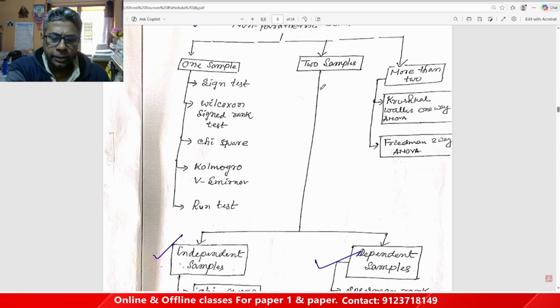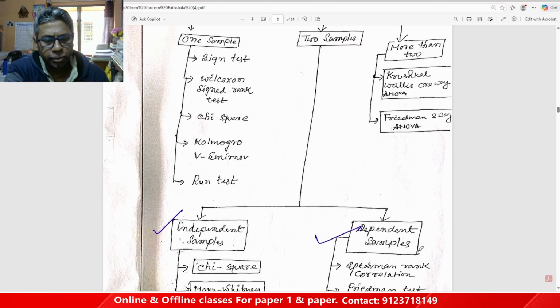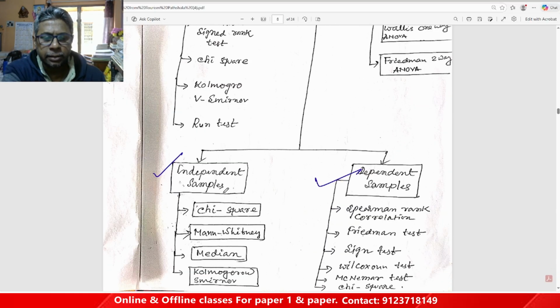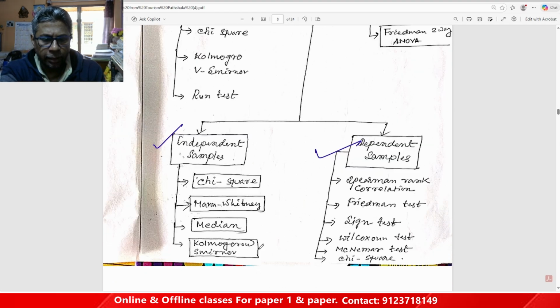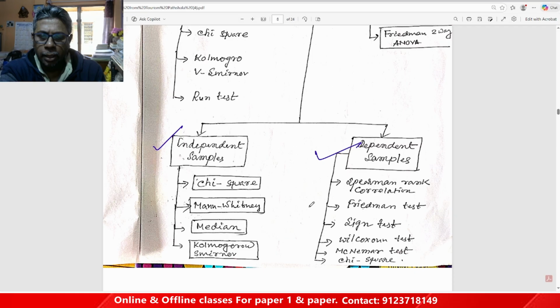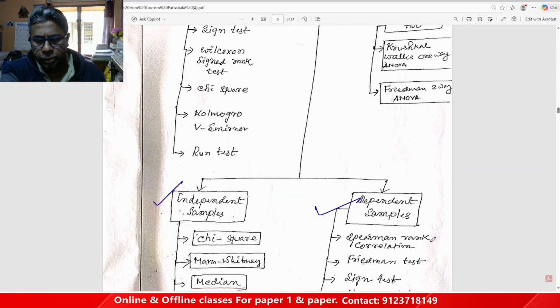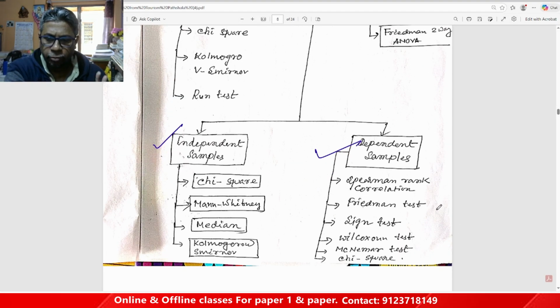And two-sample tests: independent sample and dependent sample. For independent samples, you use the chi-square test, Mann-Whitney test, median test and Kolmogorov-Smirnov. And for dependent samples, we use Spearman rank correlation, Friedman test, sign test, Wilcoxon test, and chi-square.